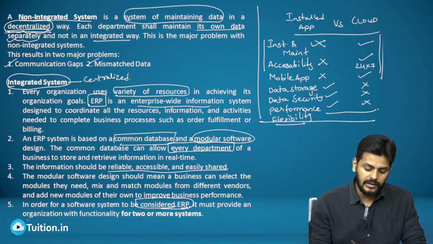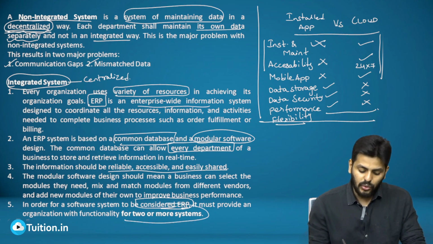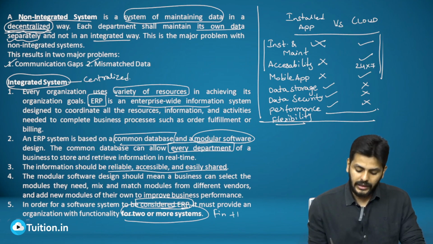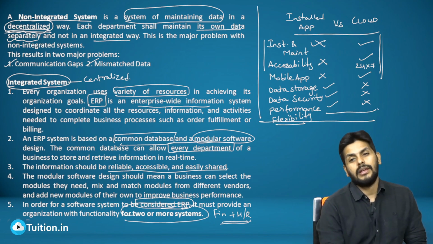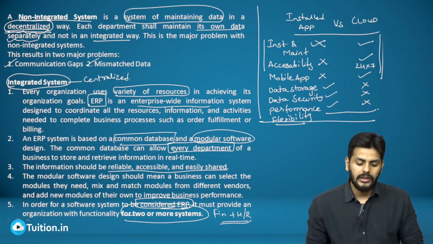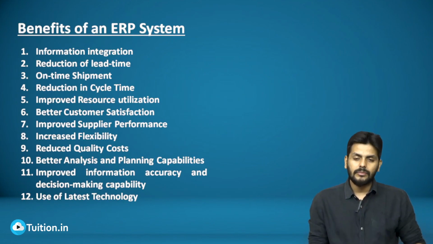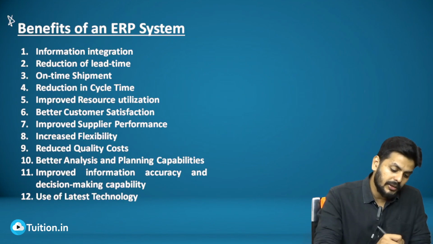It must provide an organization with the functionality of two or more systems, like finance plus HR. If you have both, then it can be considered an ERP. Anything two or more, that's what an ERP is all about. Got it? Two stars to this topic.